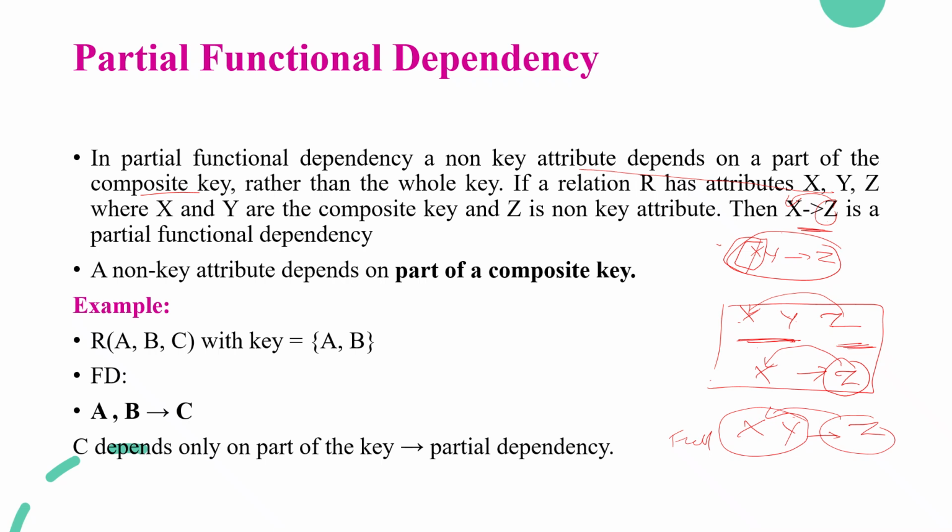Z is a non-key attribute, and this non-key attribute depends upon a part of the composite key, that is partial functional dependency. In full, the non-key attribute should completely depend upon the whole composite key. X and Y cannot be separated. So that is fully functional and this is partial.